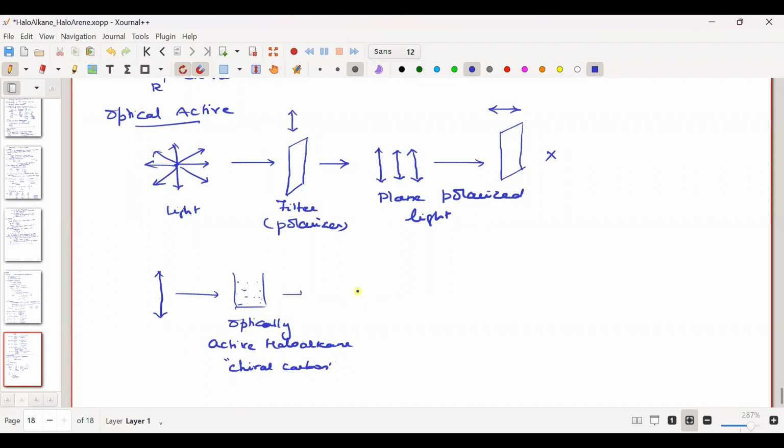It will get rotated either in the clockwise direction or in the anti-clockwise direction. Understood?